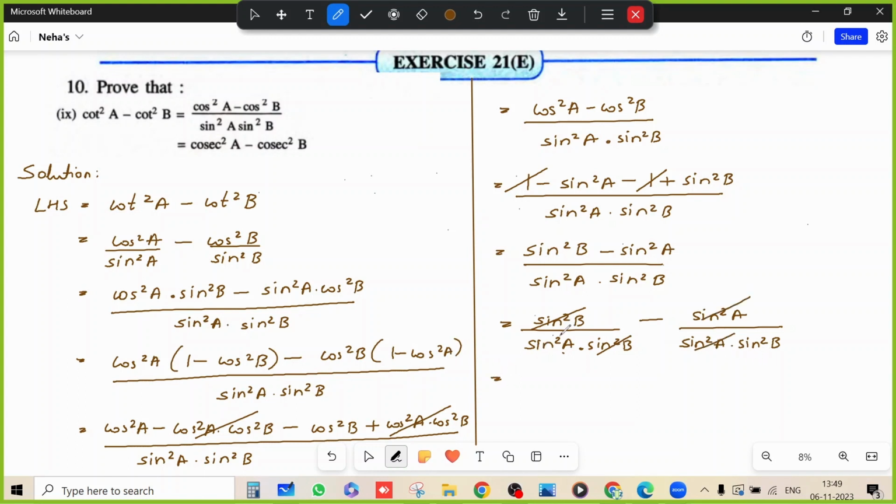So we are left with 1 divided by sin square A, and 1 divided by sin A is equal to cosec A. So this can be written as cosec square A minus, here we have 1 divided by sin square B, and 1 divided by sin B can be written as cosec B. So this will be minus cosec square B, and now this is equal to the right hand side, and hence we have proved that the left hand side and the right hand side are equal, and also proved that there was an intermediate step here which was equal to the left hand side.